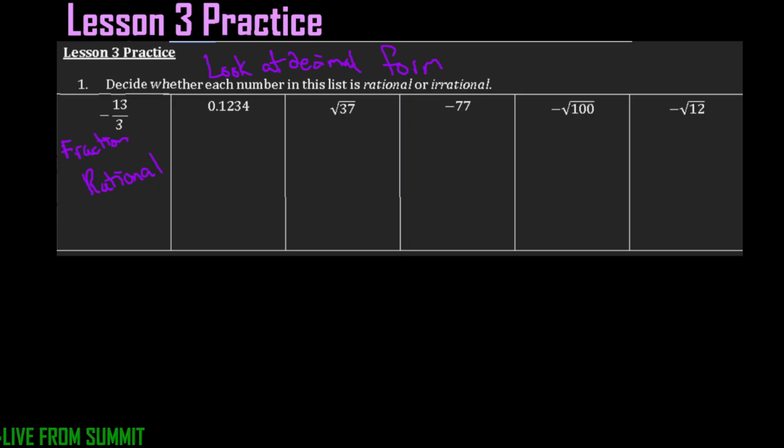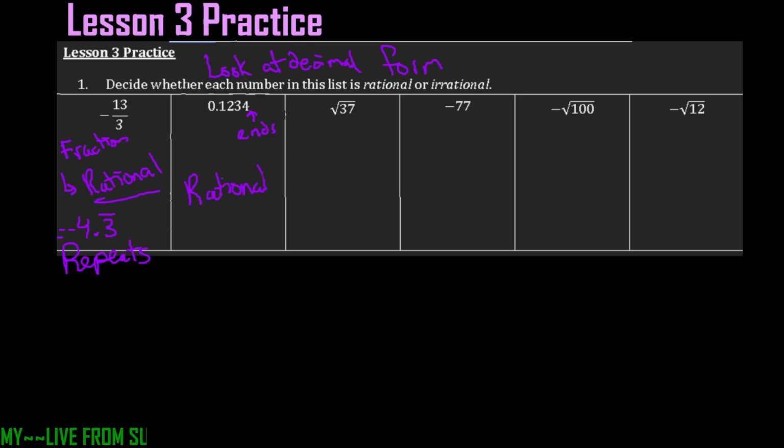So since it's in that fraction form, that just means it's rational. If you wanted to look at the decimal, this equals negative 4.3, where the 3 repeats. So since it repeats, it is rational. If I'm looking at this next one, it's not a fraction, but it ends, meaning it stops, so it is rational as well.